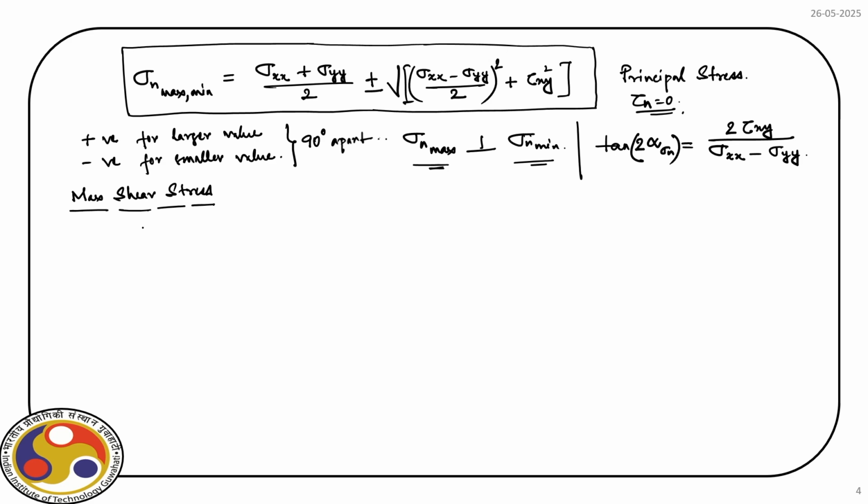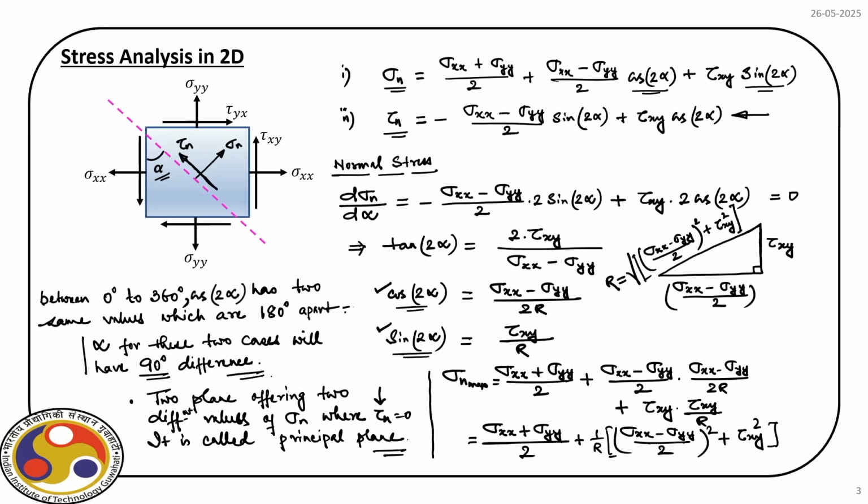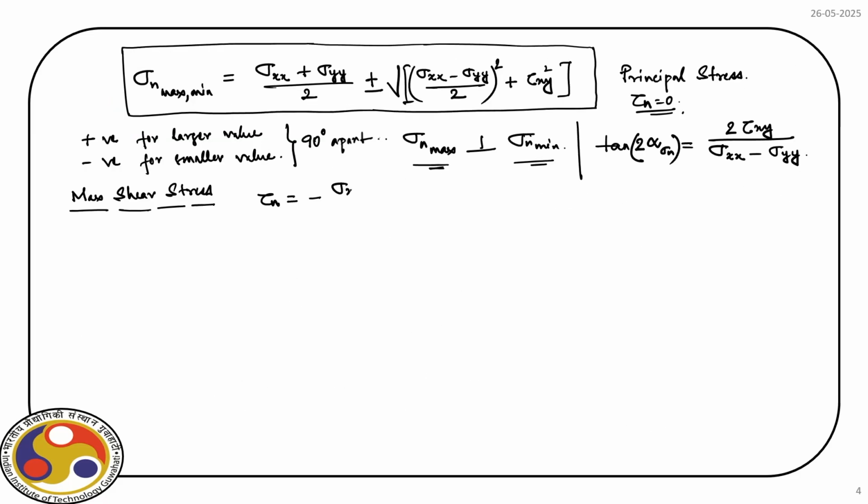So, let us do that. Let me quickly write down tau n. We have sigma xx minus sigma yy by 2 sine of 2 alpha plus tau xy cos of 2 alpha.